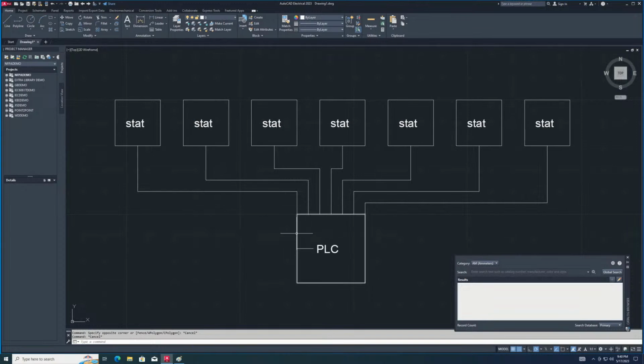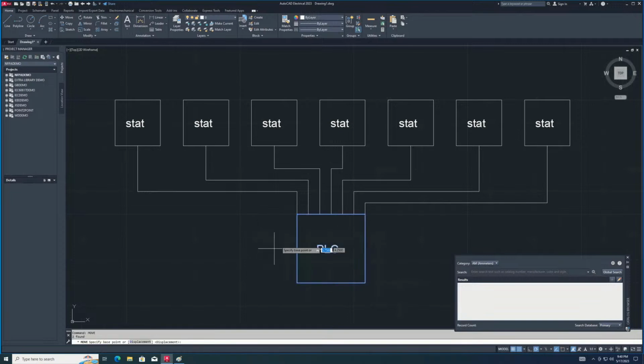If we could just move this over a little bit. Wait, did I lose my snap? I lost my snap. Snap, thank you.